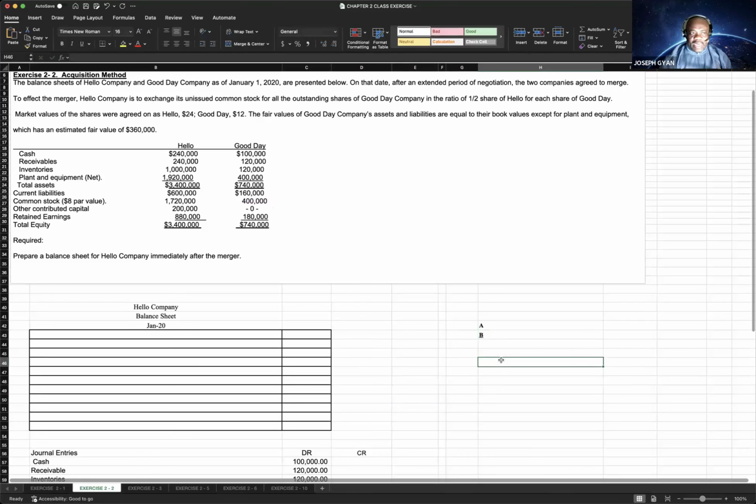But in order to do that, Hello Company, which is my company, exchanges its issued common stock for all the outstanding shares of your company. So if you have 200 shares, I'm exchanging my shares with your shares.